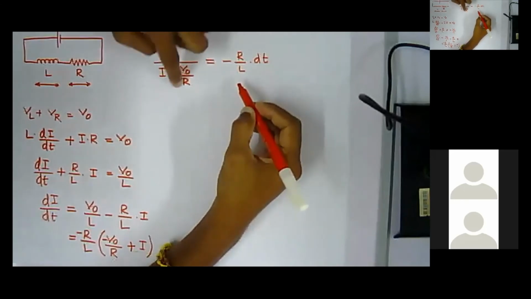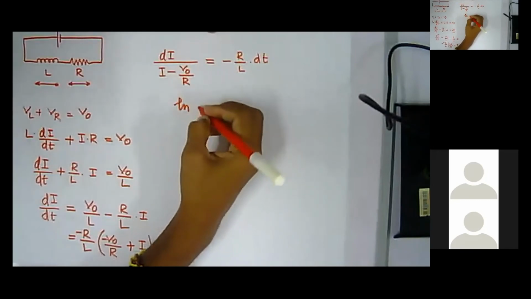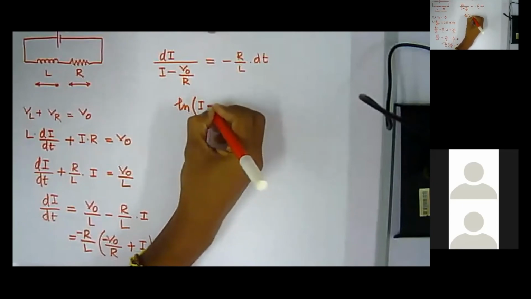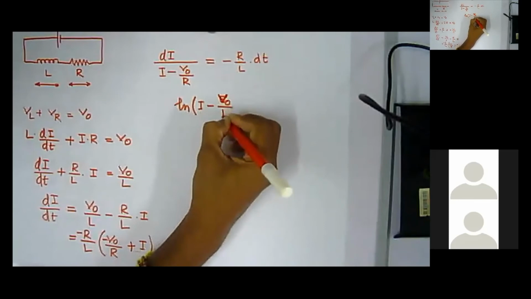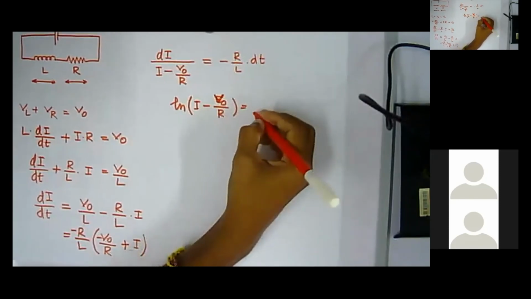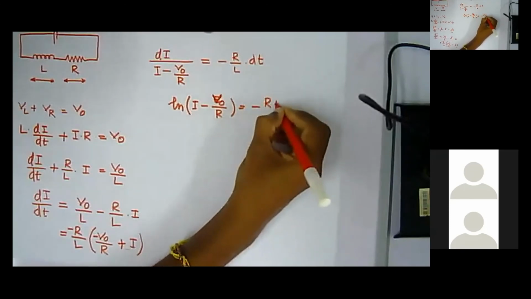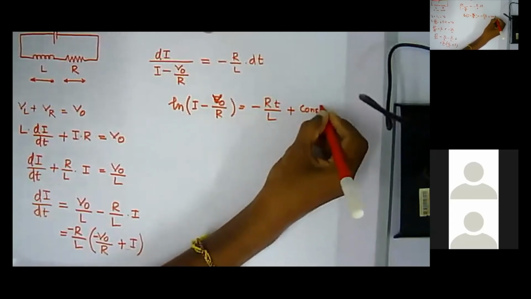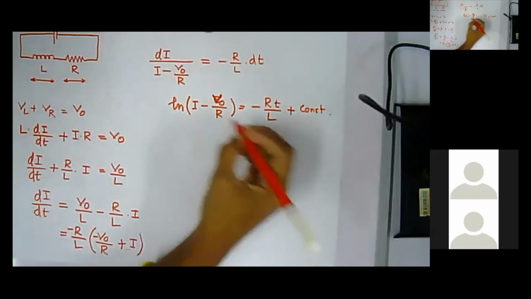If you integrate this, you will have ln of I minus V naught over R equals minus R t over L plus a constant.